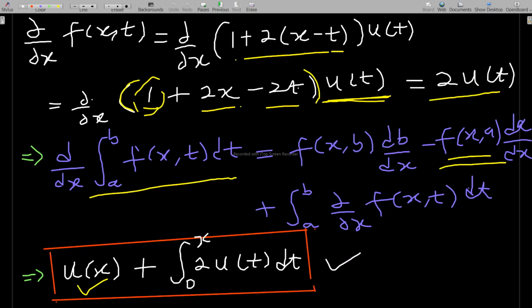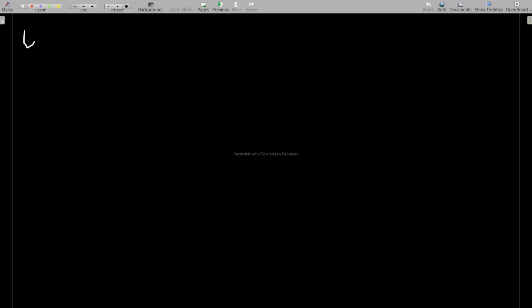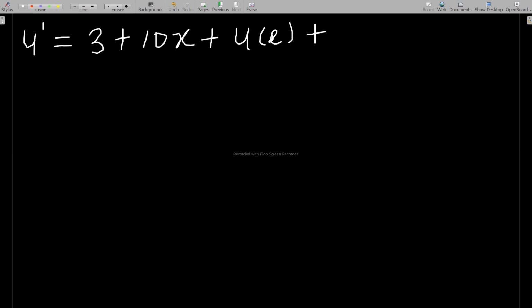So we said that the differential gave us u prime being equal to 3 plus 10x, then plus u of x, plus, then what did that integral or the differential under that integral sign give us?